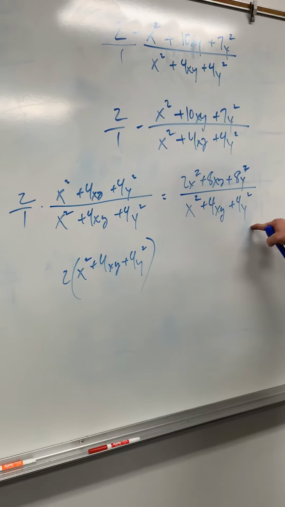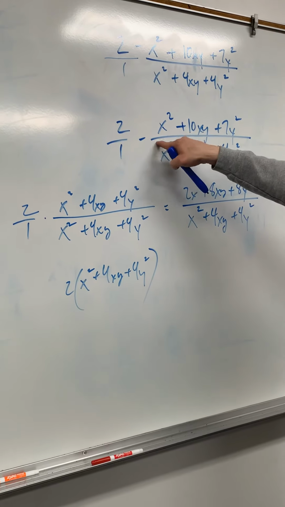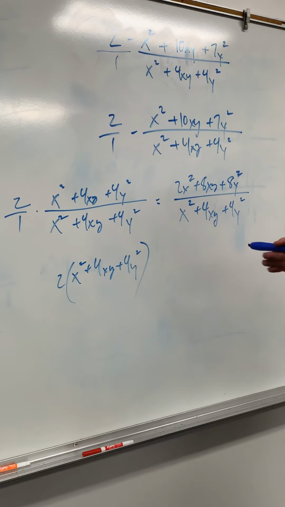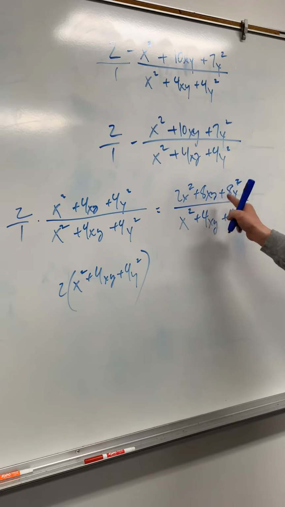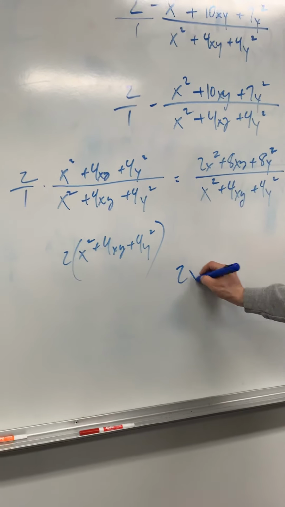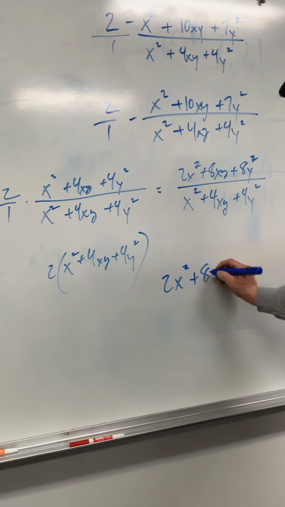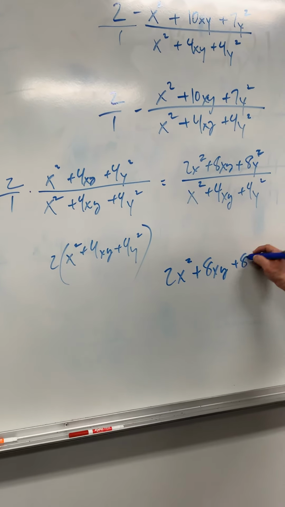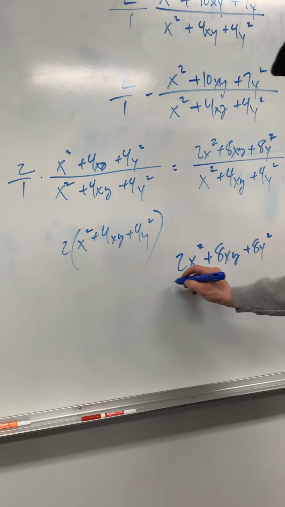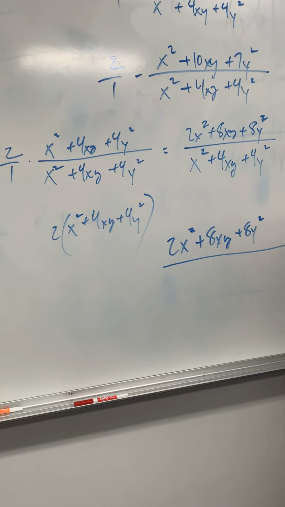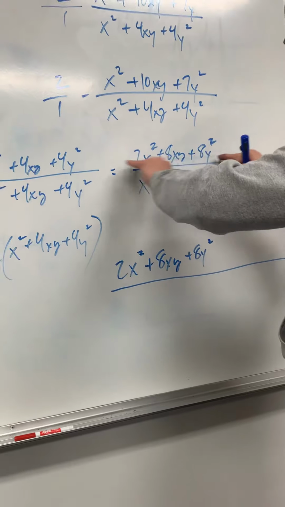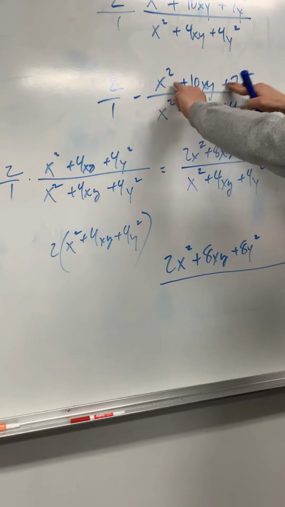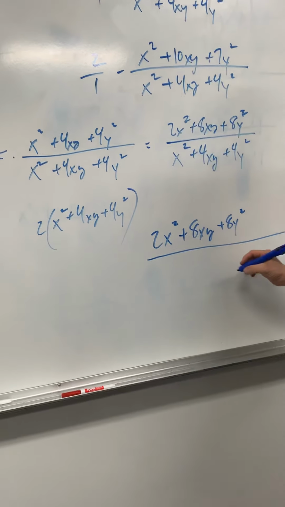So now I have a common denominator that I can now use to subtract this fraction. Okay, now I'm going to rewrite everything. We're going to come back down here. So I'm just going to bring this down, so that's 2x squared plus 8xy plus 8y squared. Now, remember, now we have our common denominator, so we can take everything in this numerator and everything in this numerator and put it all over that common denominator.